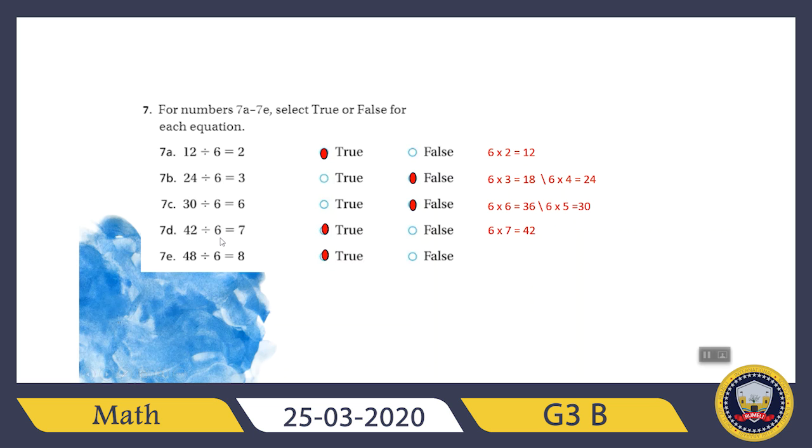That's right, because 6 times 7 is also 42. And next one, the last one. 7e. 48 divided by 6 is equal to 8. Is it true? That's right, it's true, because 6 times 8 is also equal to 48.